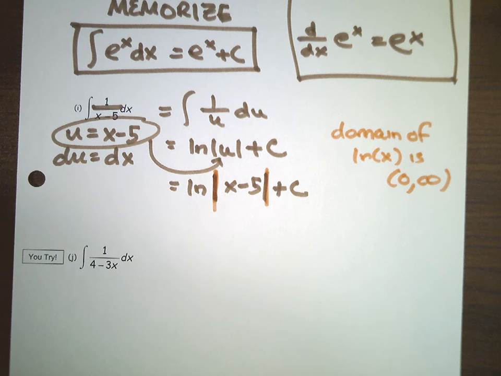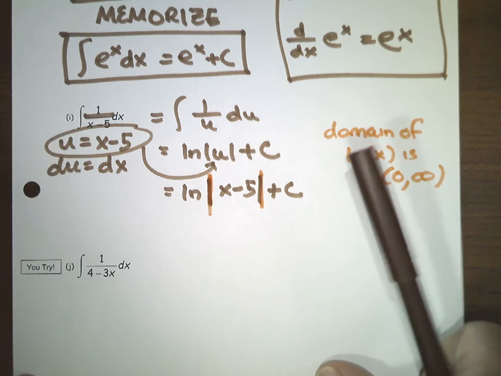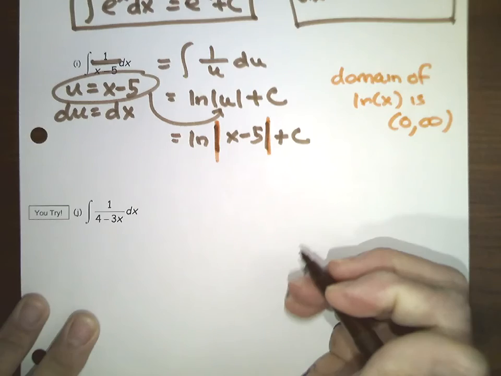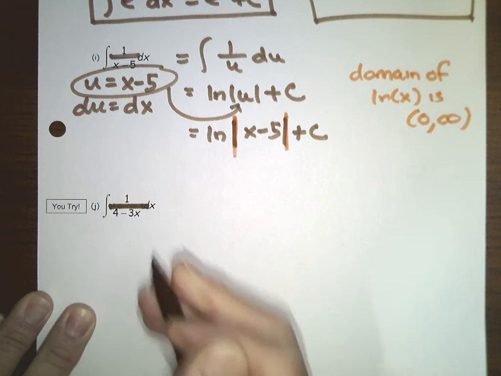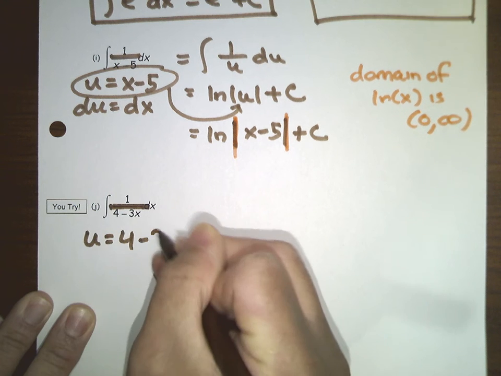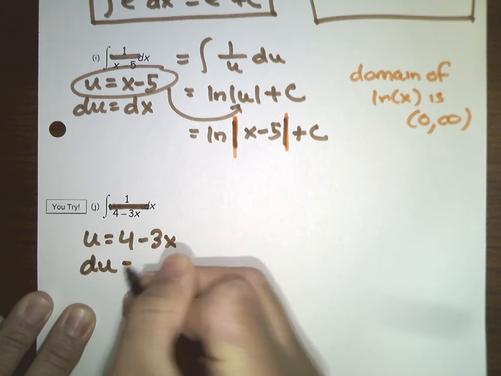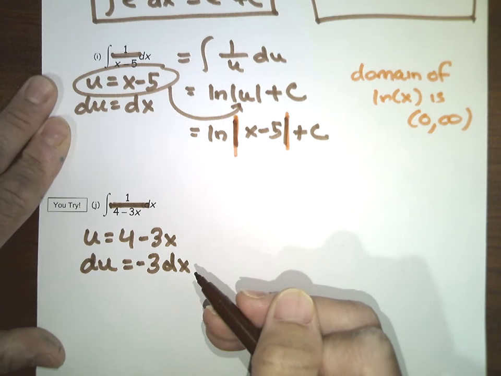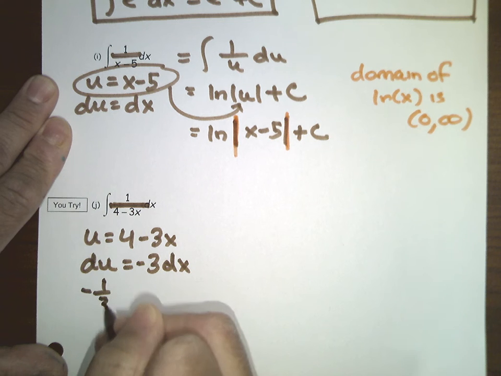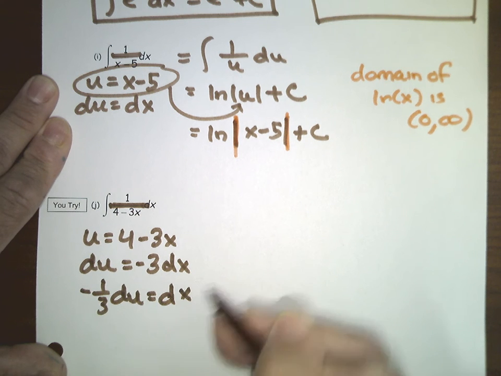All right, so let's try another one here. So we have 1 over 4 minus 3x. So what I'm going to do is, again, let the denominator be u. So u is 4 minus 3x, and du is negative 3 dx. And I'll divide by the negative 3. So negative 1/3 du is equal to dx.